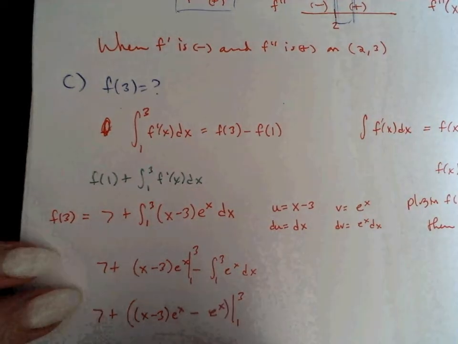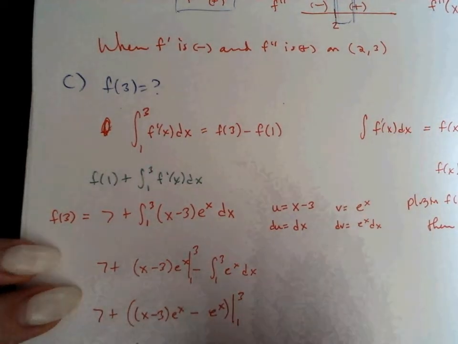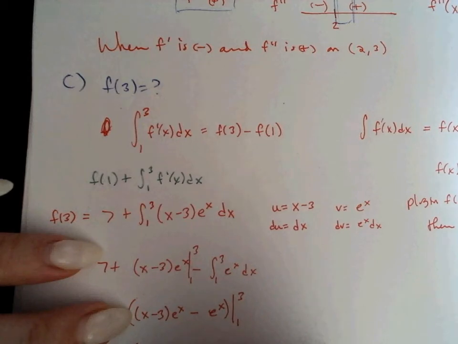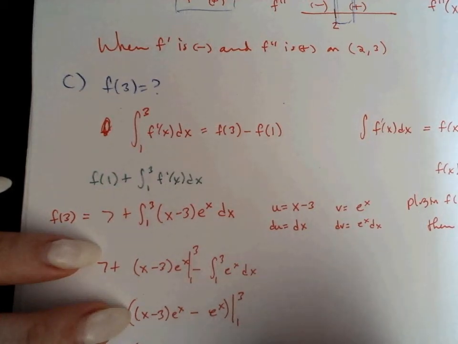Okay, so 7 plus, and then I'm going to plug it in. I've got 3 minus 3, that's 0, minus e cubed, so negative e cubed, minus, so plug in the upper limit, minus plug in the lower limit. So if I plug in 1, I get negative 2e to the first minus e to the first.